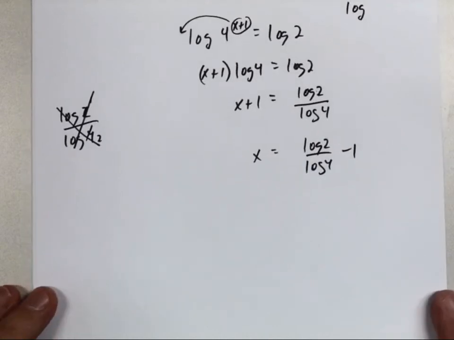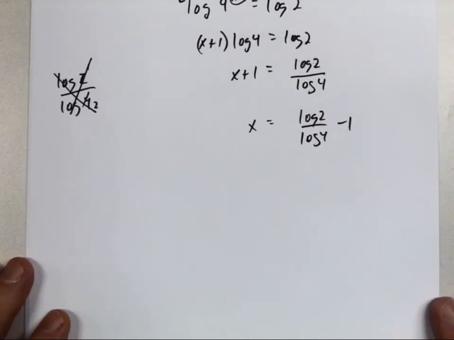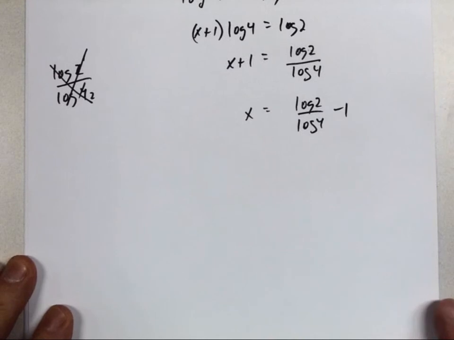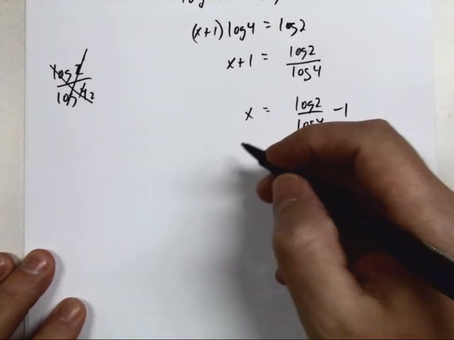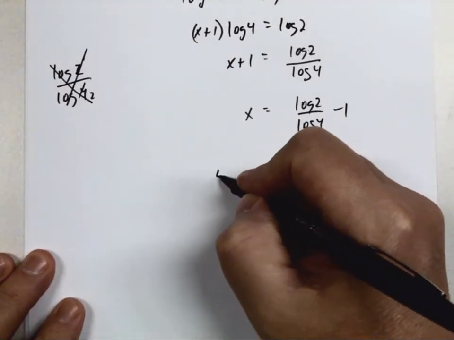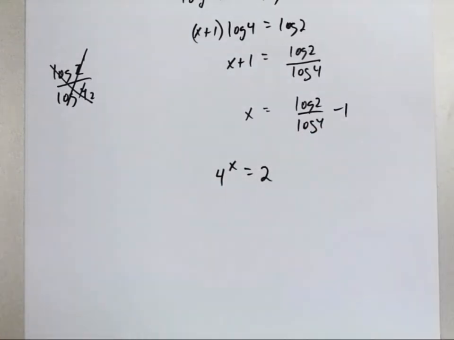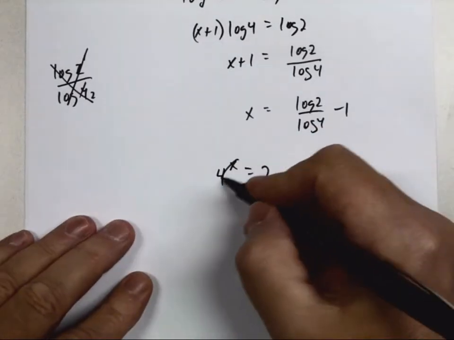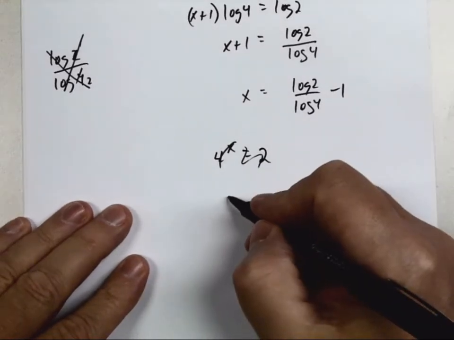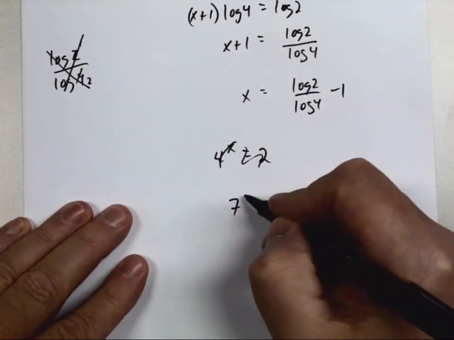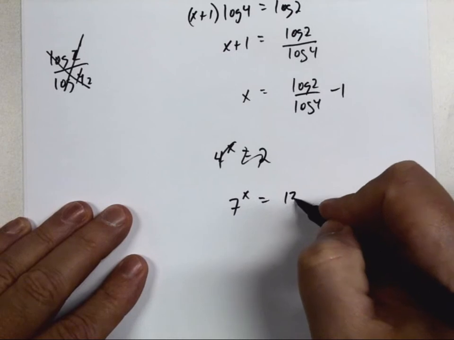So let me wrap this up by doing a couple more problems. So really, sometimes you have a choice. Let's keep it simple. Say you were given this. Let's make it something more interesting. How about 7 to the x equals 13?